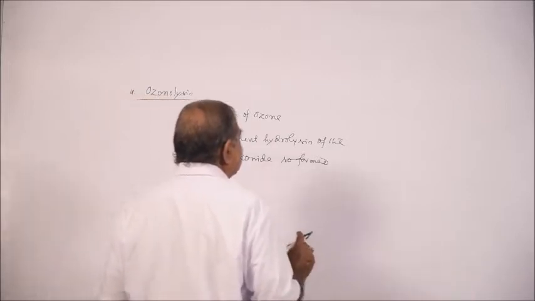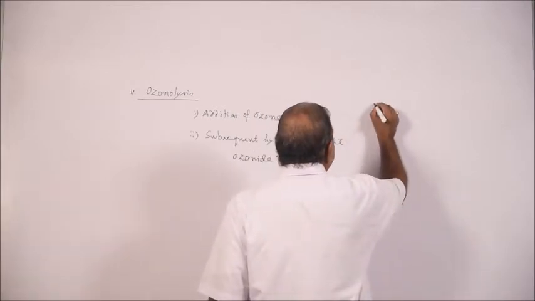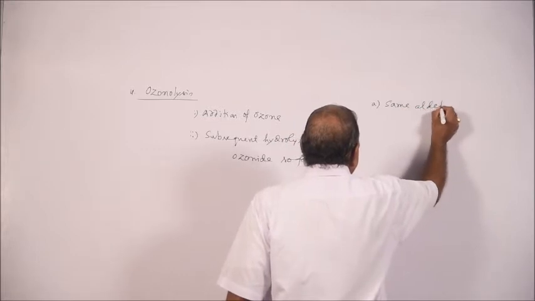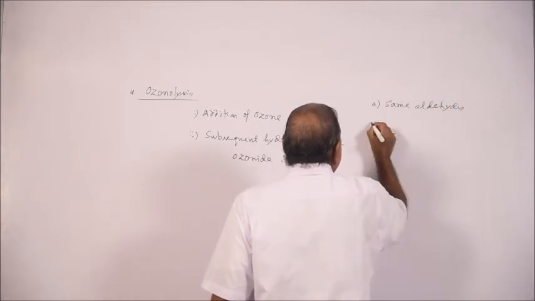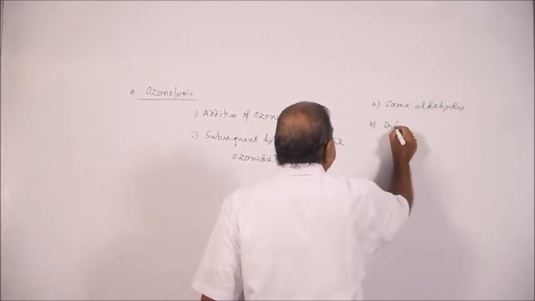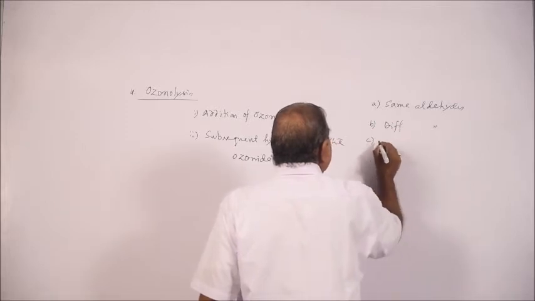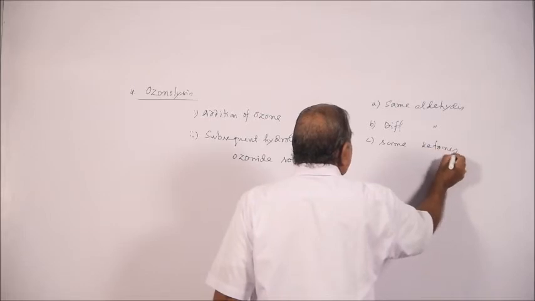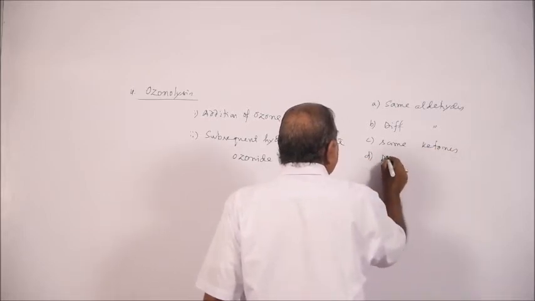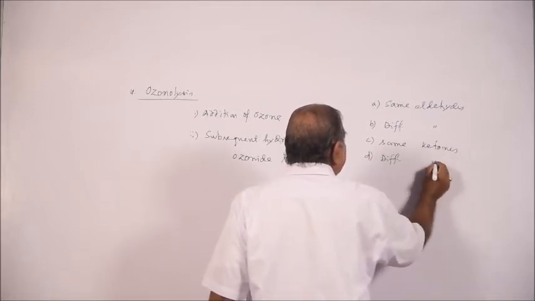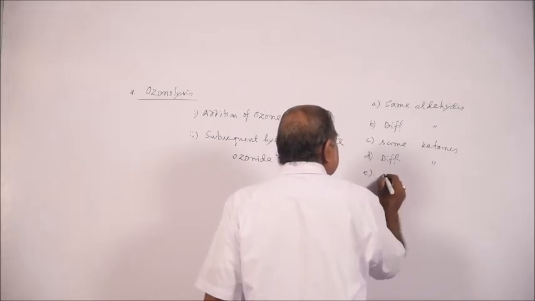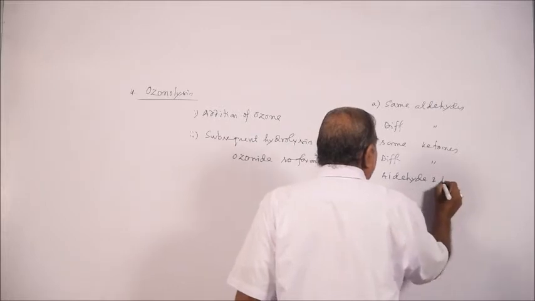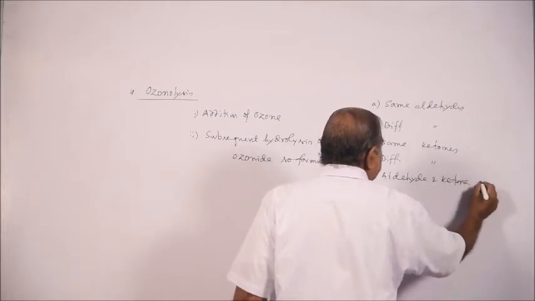Now, ozonolysis of alkene gives you same aldehydes, different aldehydes, same ketones, different ketones, or an aldehyde and ketone mixture.